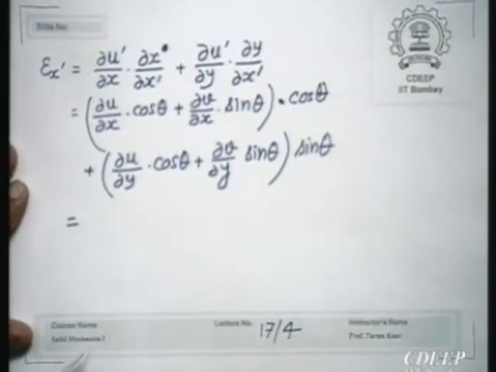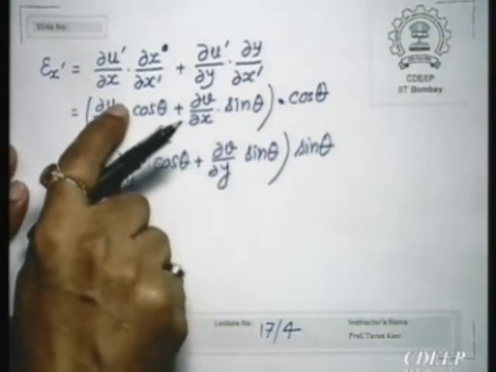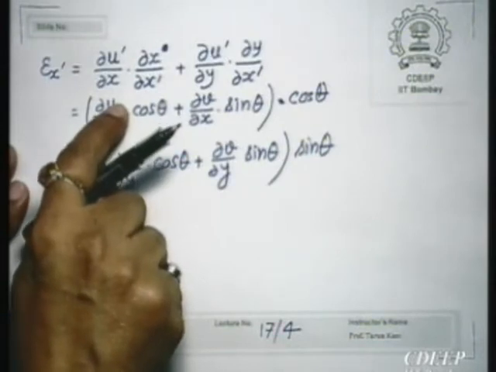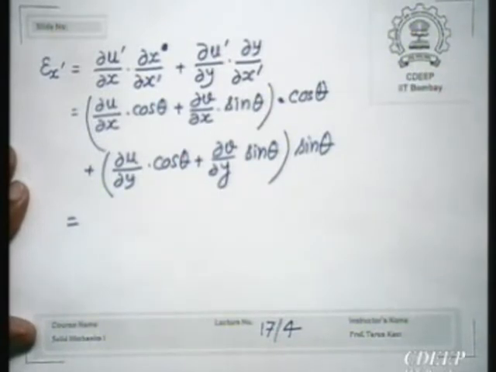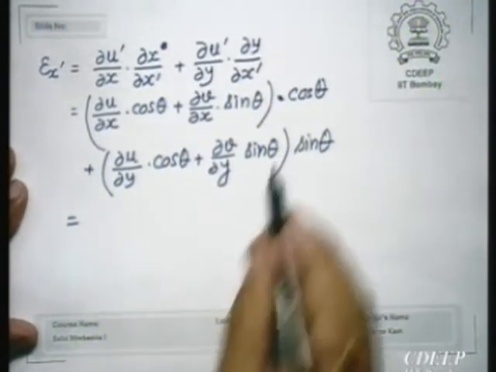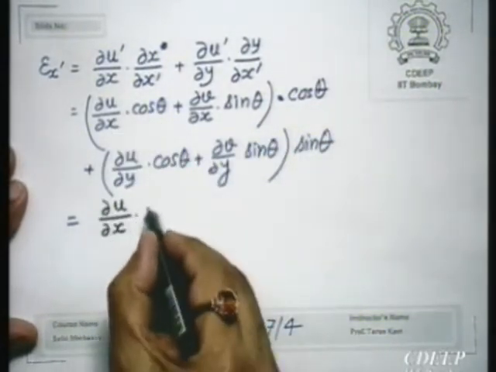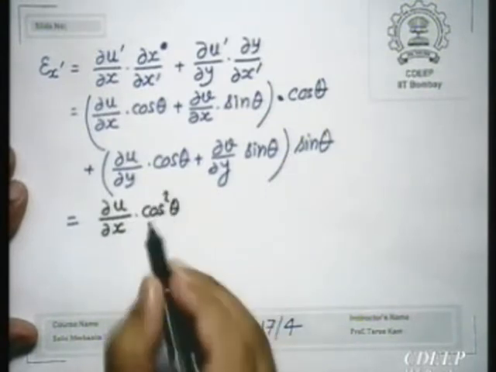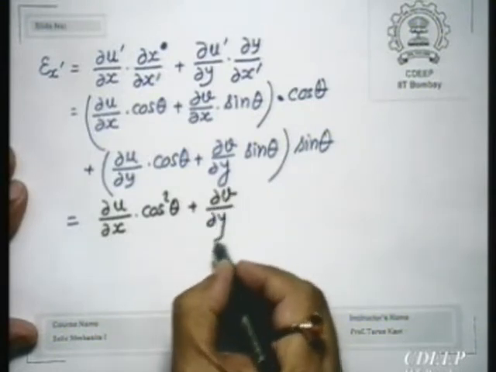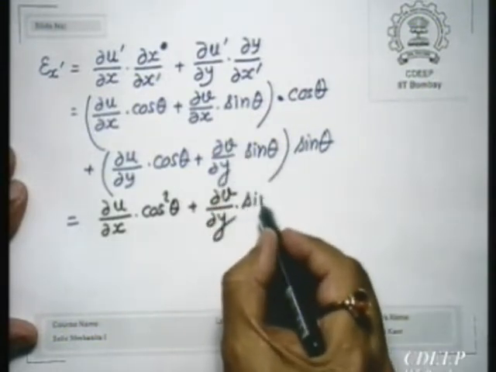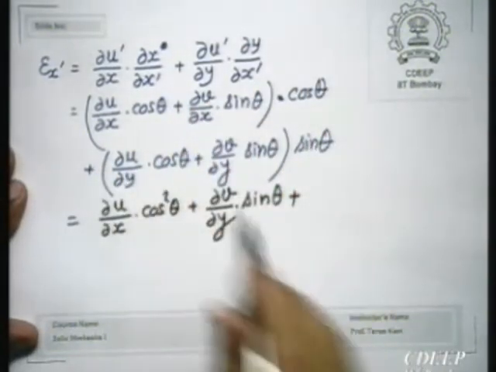So, I have expressed x dash quantity now in terms of u, with reference to the x and y coordinate, and all the derivatives are there with a cosine angle and sine angle. So, it will be du by dx, this multiplied by cos square theta plus dv by dy into sine square theta plus this and this, sine cosine here also.